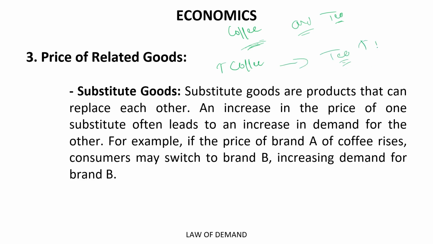So the demand for tea will go high. Alright, so this is the effect on substitute goods. If the price of one good goes high, then the demand for the other good will go high, because people will start shifting to the other one which has a low price and which could fit in their budget.